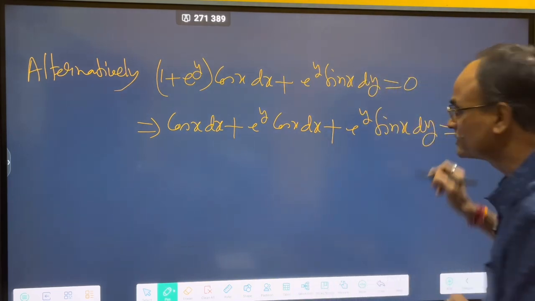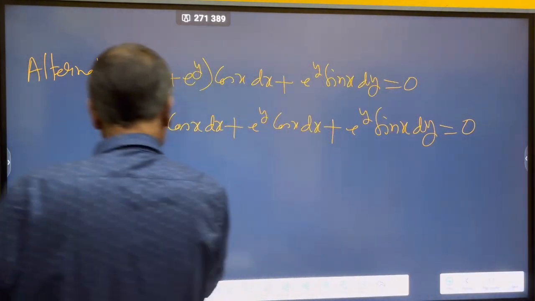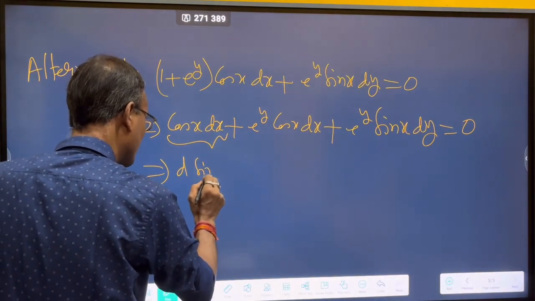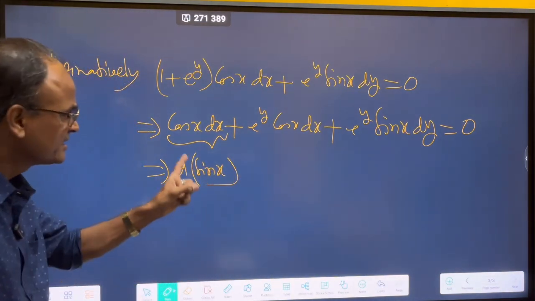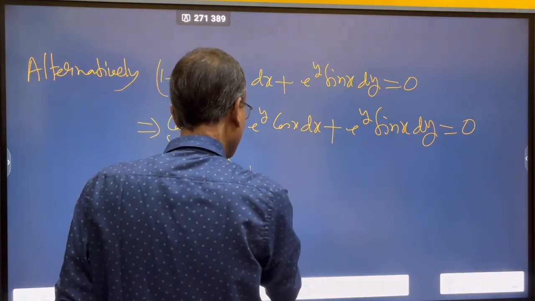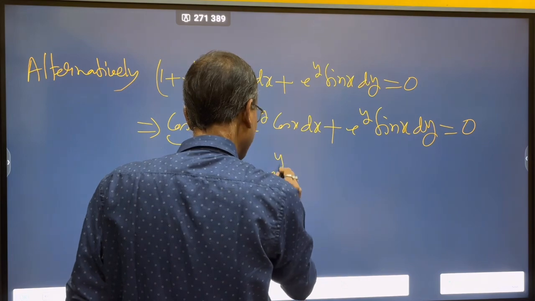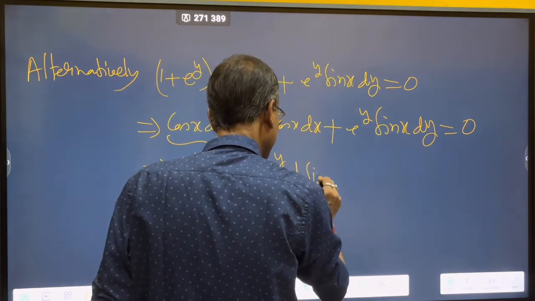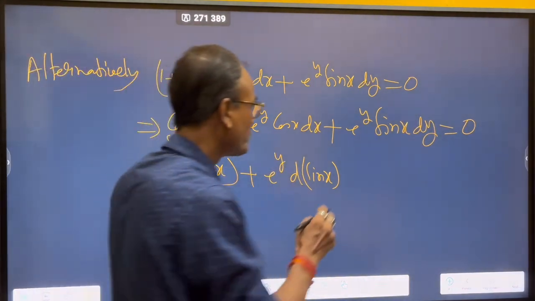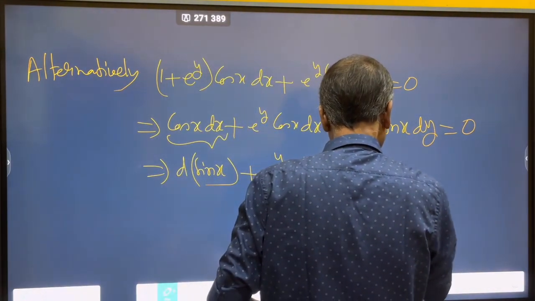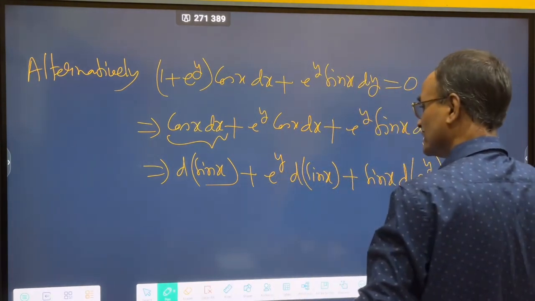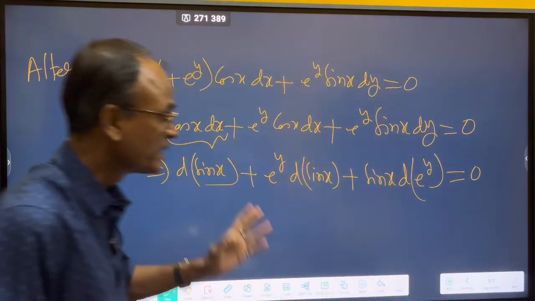Now, this term cos x dx can be written as d of sin x. Then e to the power y cos x dx plus sin x d of e to the power y. You may write it like this.